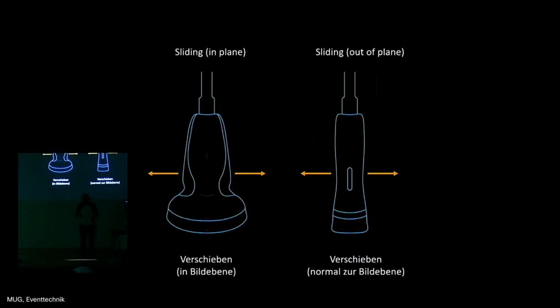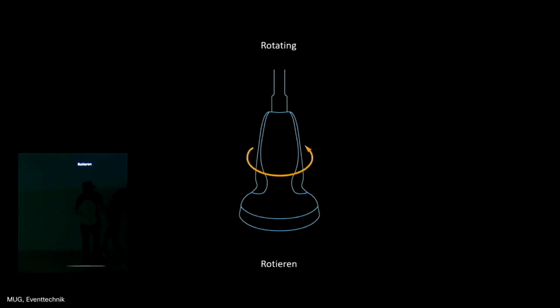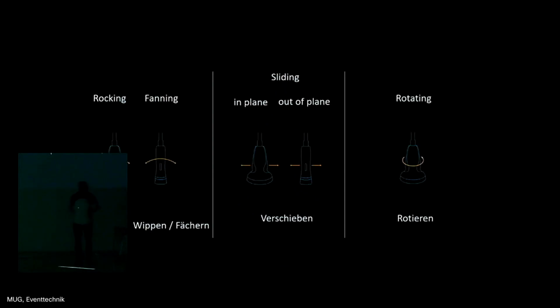Our next two movements are a sliding movement in plane, from the left to the right. Nice. And a sliding movement out of plane, in this case forward and backward. Our last movement is a rotation movement, where you can rotate the probe counterclockwise or clockwise. We think you're ready for level 2 now.